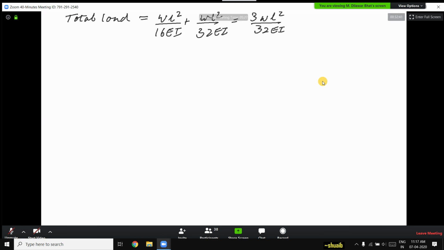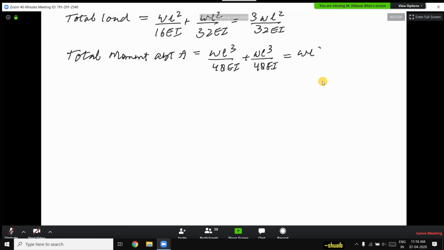Fine, this is the total load. Now, total moment about A, again, you have to add both. Total moment about A is equal to WL cube by 48 EI plus WL cube by 48 EI, which comes out to be WL cube by 24 EI.